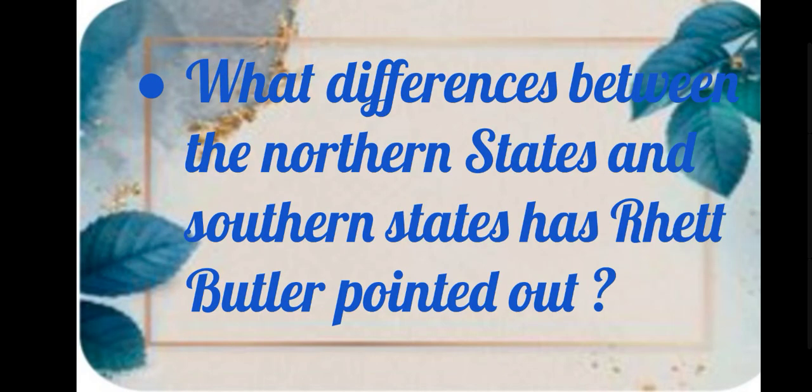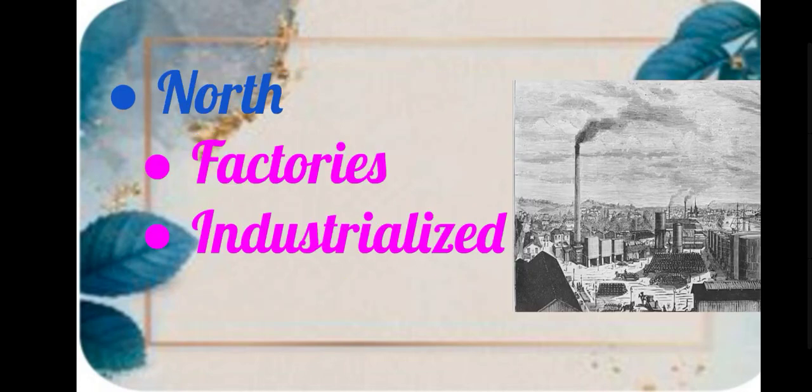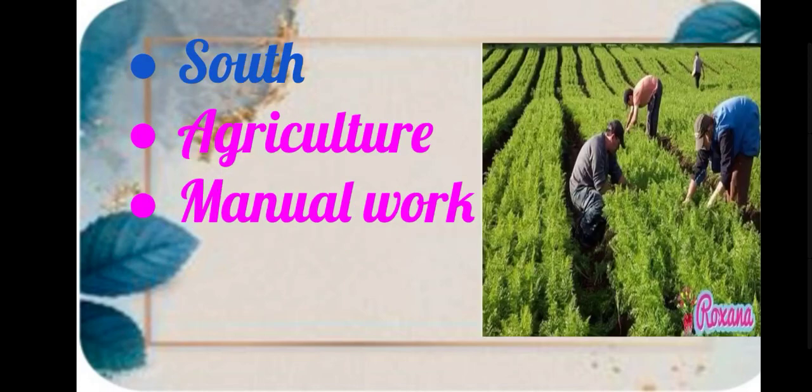What differences between the northern states and the southern states had Rhett Butler pointed out? Rhett Butler had pointed out that the north has factories and is industrialized, while the south is focused mostly on agriculture and depends on manual labor provided by slaves.